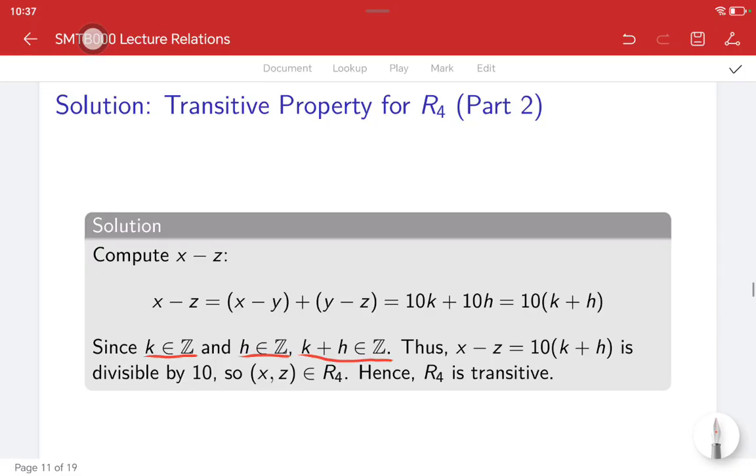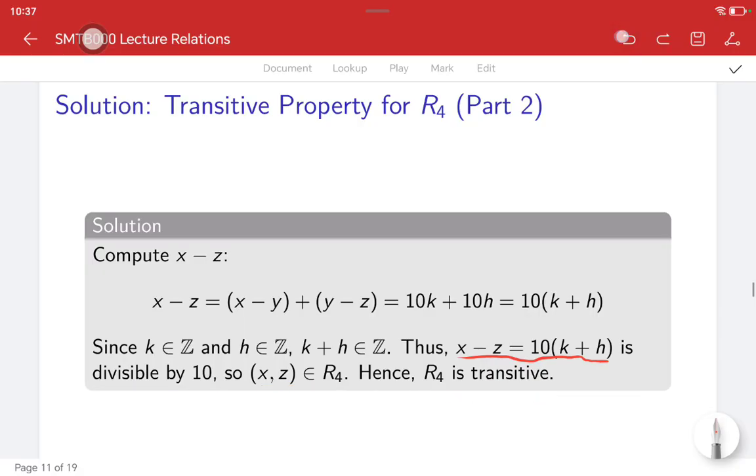So we have this. Thus, we can state that x minus z equals 10 times k plus h, which is divisible by 10. Hence x is related to z through R4. Hence R4 is transitive.